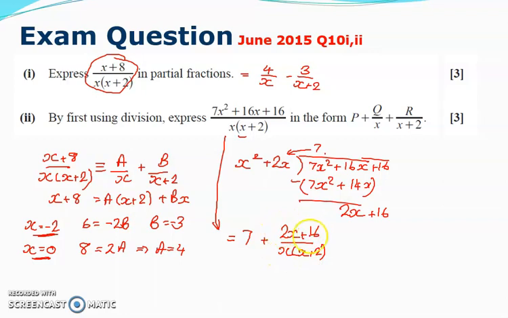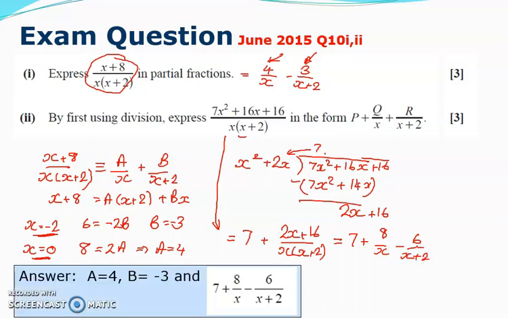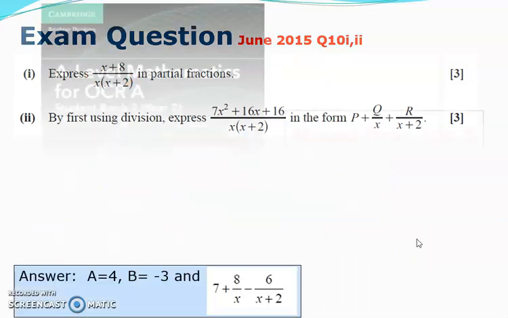And of course 2x plus 16 is twice what I've got up here. So I can use my result from just now. It's double what I've got here and here. So I reckon it's 8 over x minus 6 over x plus 2. And I think they're the answers. Yes, they are. Good. I like that.